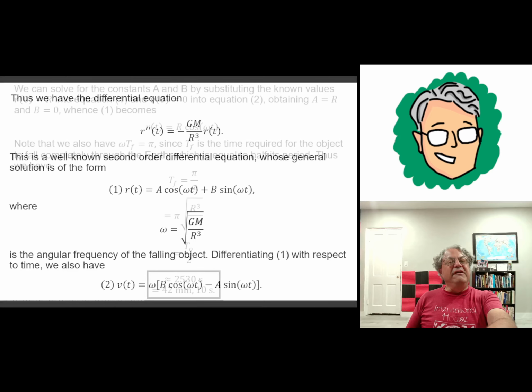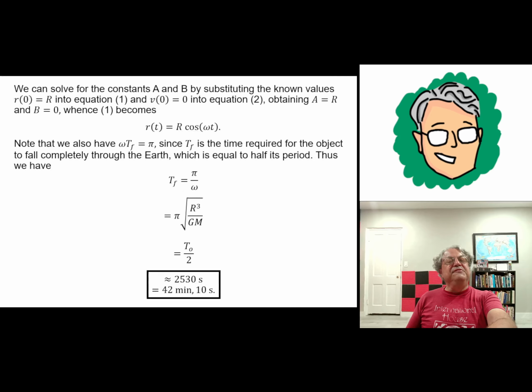So we got a equals R and b equals 0. And so we can just plug in those values of a and b to get the equation of motion of the falling object. It turns out r of t is equal to capital R times the cosine of omega t. I think this is a really neat equation.